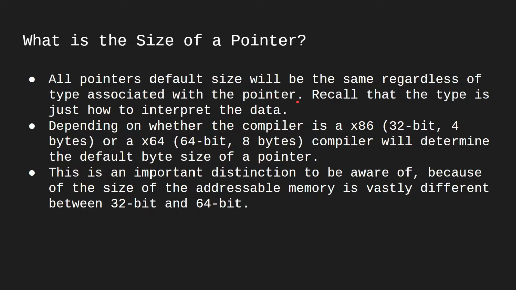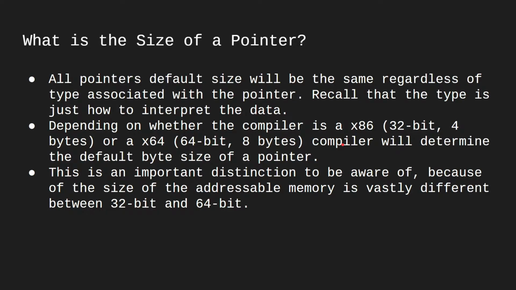So the compiler will determine the default byte size of a pointer. And this is also dependent on how a program is compiled, either 32 or 64. There's various different ways, and these can be interpreted as.